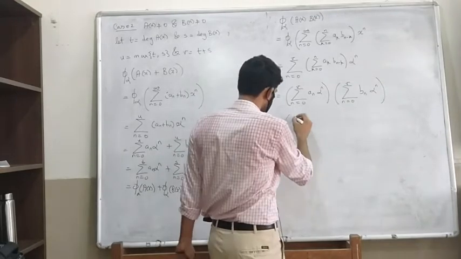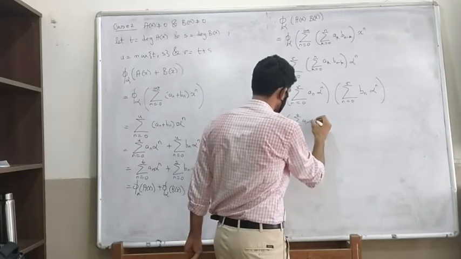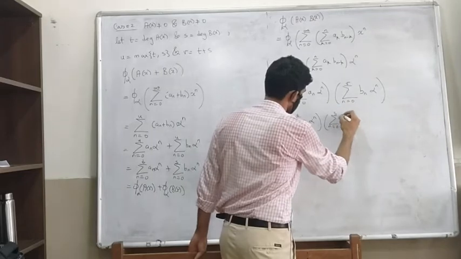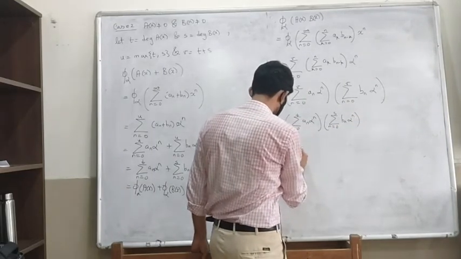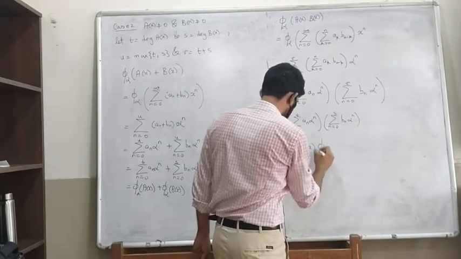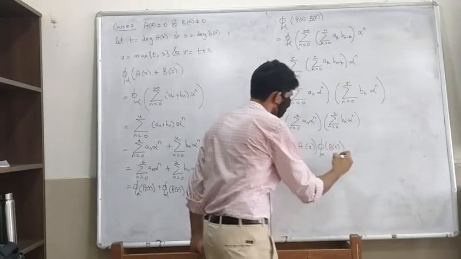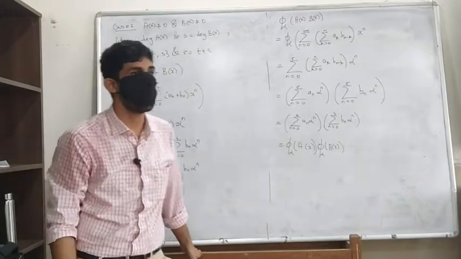So here you will get summation n going from 0 to T, an alpha raised to n, into summation, which is nothing but phi alpha of A of x into phi alpha of B of x. So this proves that this is a homomorphism.